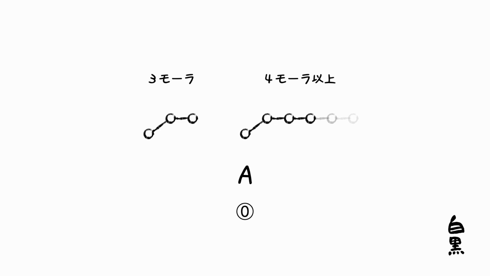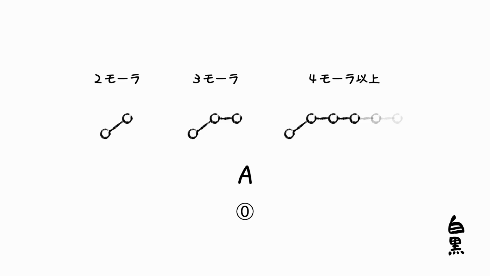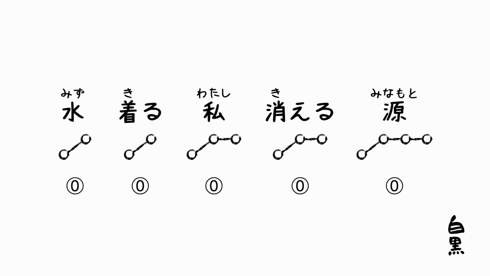That's why pattern A looks like this for words that have 4 moras or more. This for 3 mora words. And this for 2 mora words. Still remember these examples from the fundamentals video? Mizu, kiru, watashi, kieru, minamoto.